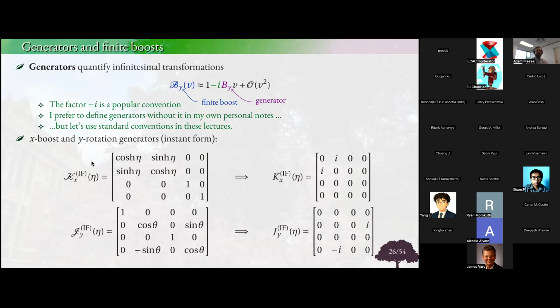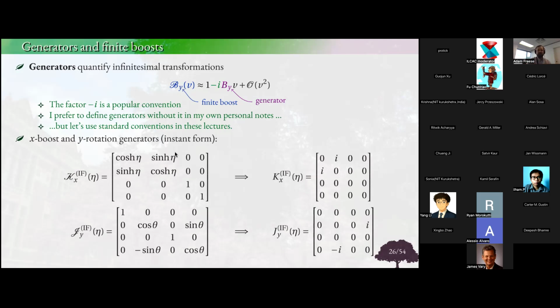So for instance, a finite boost in the x direction, the standard boost, you can write it in terms of your rapidity eta using the hyperbolic trig functions. So cosh eta is the same as gamma, sinh eta is the same as beta gamma. For a passive boost, you would have minuses in front of these sinhs.